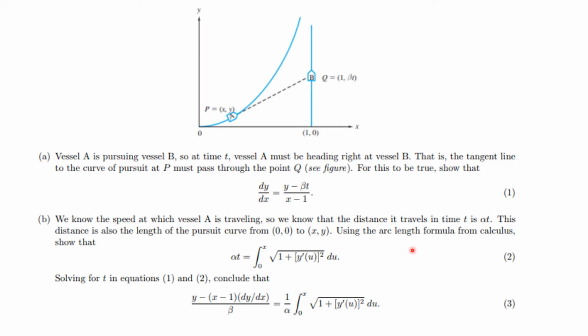Using the arc length formula from calculus, show that alpha t is equal to the integral from 0 to x of the square root of 1 plus y prime of u, whole squared, all under the square root, du. So first of all, show that.